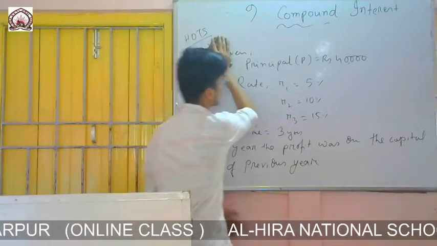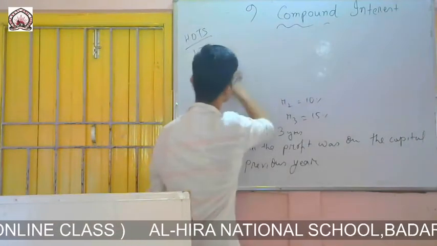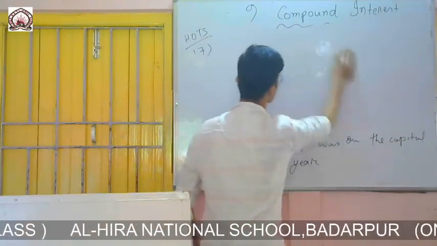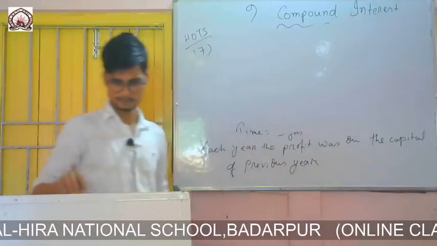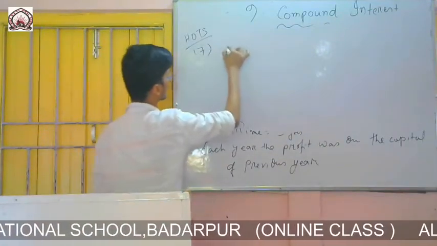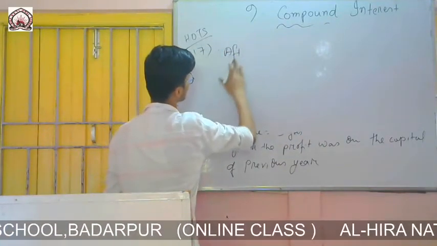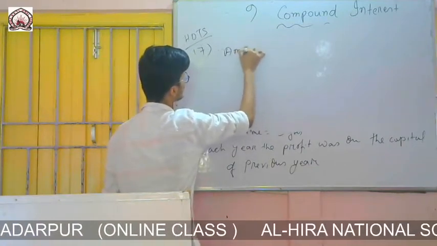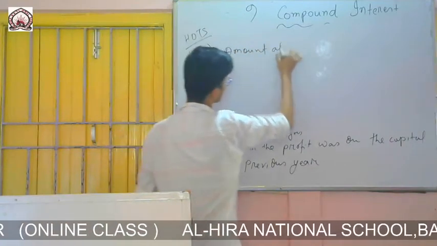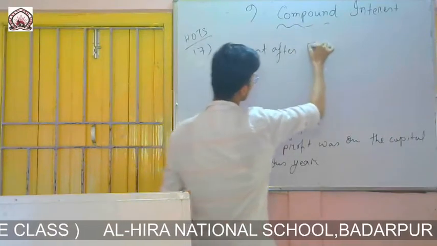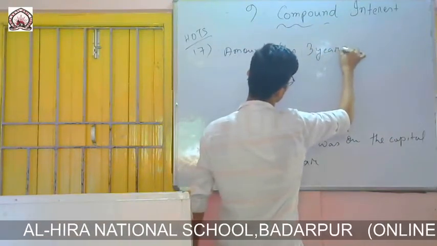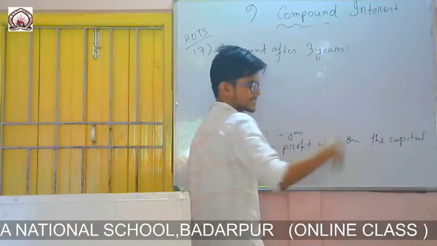So now you write, therefore, amount after 3 years. Amount after 3 years, with 3 successive years.